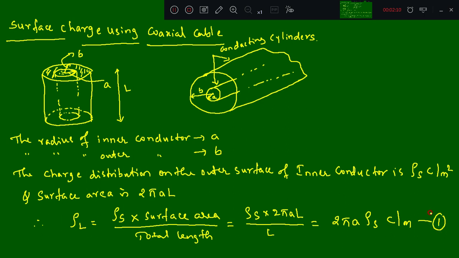From this, what is rho s? We get rho s equal to rho L upon 2 pi A. This gives equation number 2.